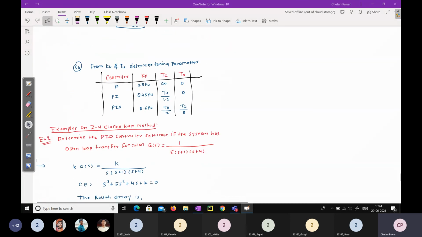So the next step is that you will form the characteristic equation. Okay. And from the Routh table, you can determine the K marginal value. So can you tell me what is the K marginal value here?